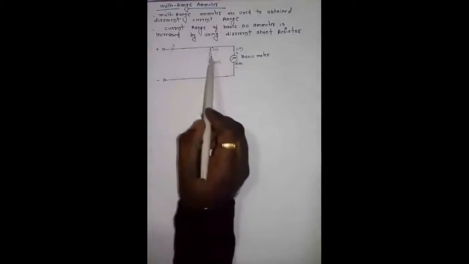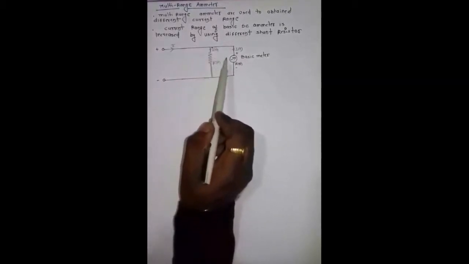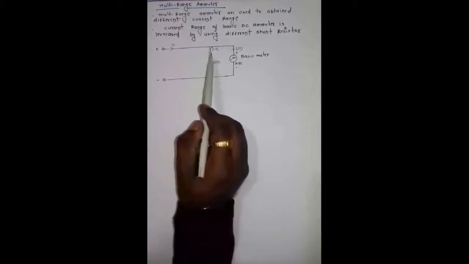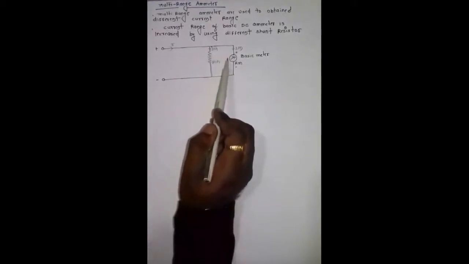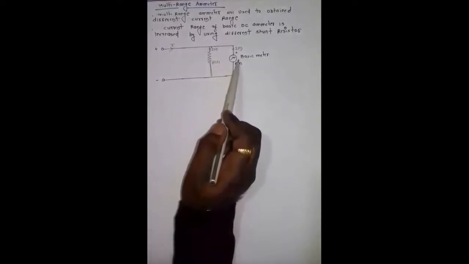See, this is a basic DC ammeter, where only one resistor is connected in parallel with the meter. But in a multi-range ammeter, multiple resistors are connected in parallel with the basic meter, like this.